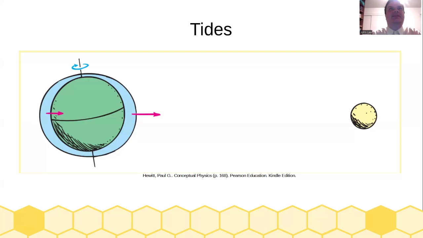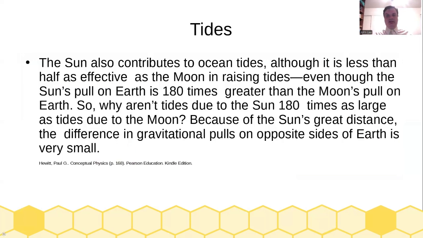The distance from one side of the Earth to the other, compared to the distance from the sun to the Earth, is so small that the change in 1 over d squared is basically negligible. It's basically the same distance squared whether you're on the side of the Earth closest to the sun or the side of the Earth farthest from the sun.